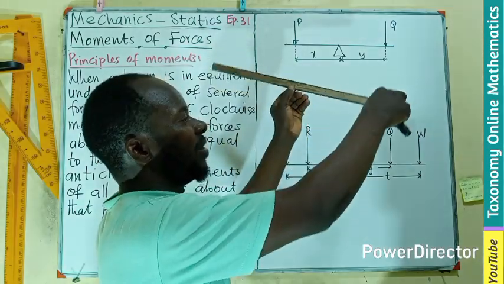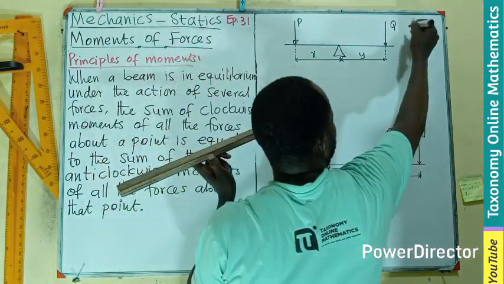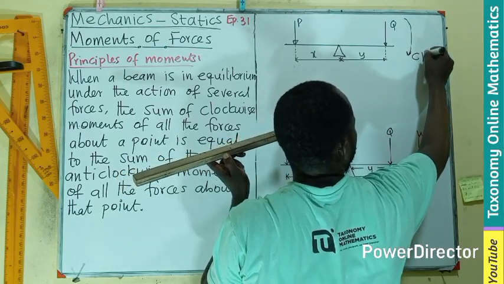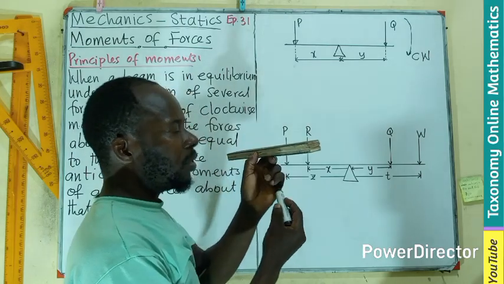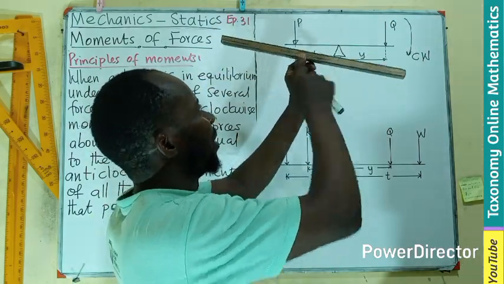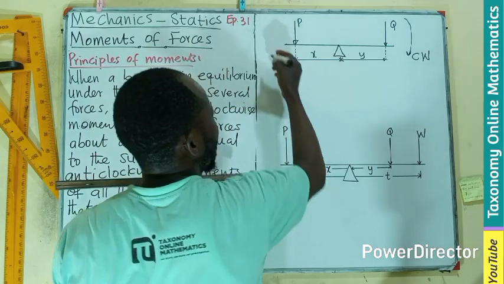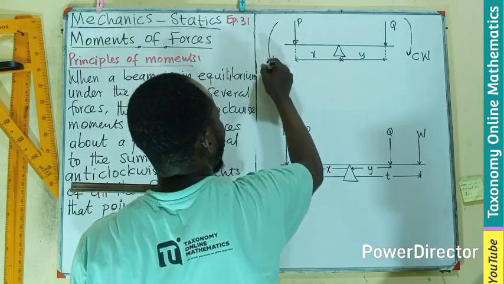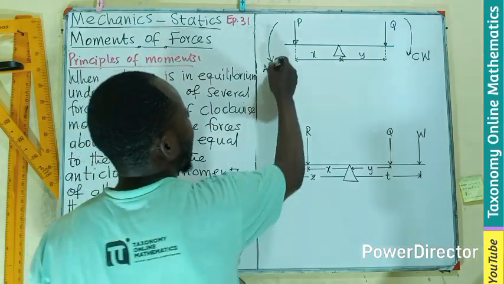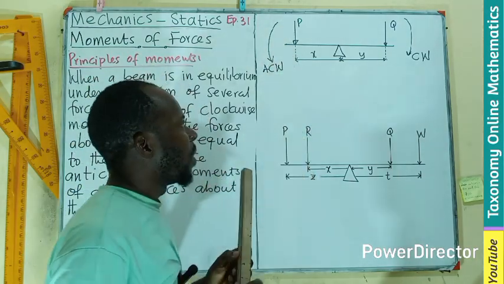If it is going in this direction, as we are seeing, we will be talking about clockwise direction. If it is going in this way, as in this direction, we have anti-clockwise direction.